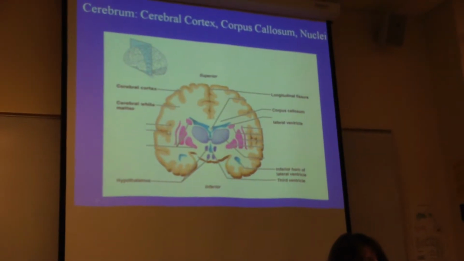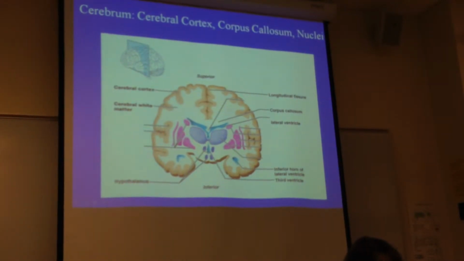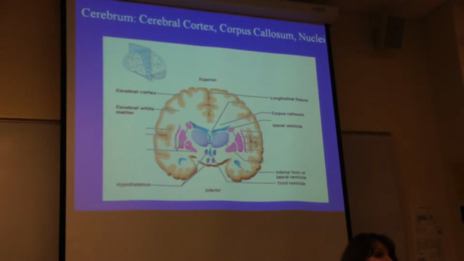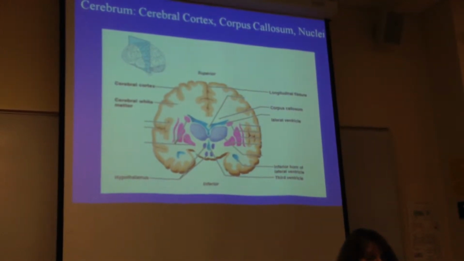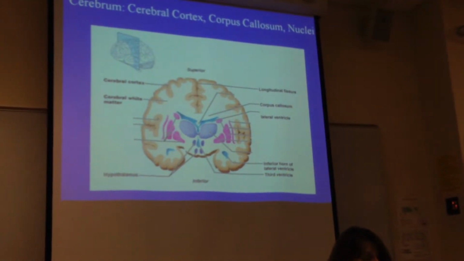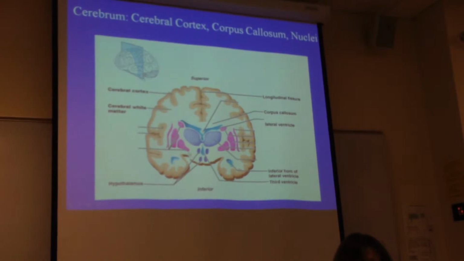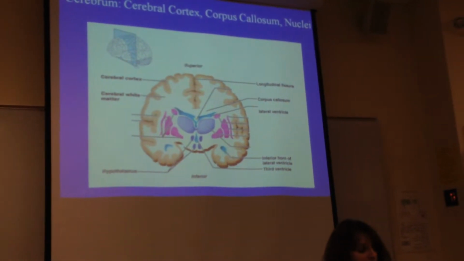And then can you see here in pink and in purple? These are groups of cell bodies called nuclei. Cerebral nuclei. Basal nuclei. All these together are called basal nuclei.